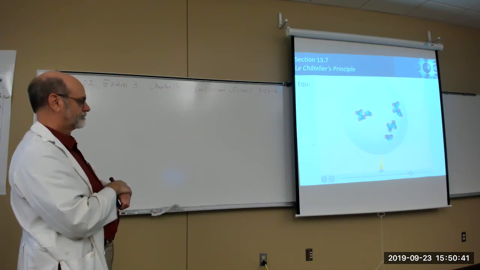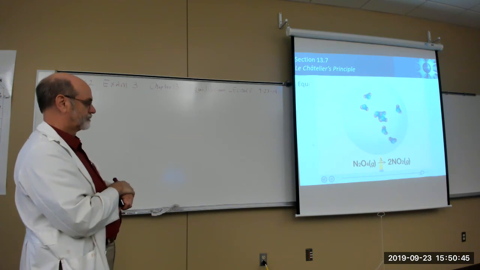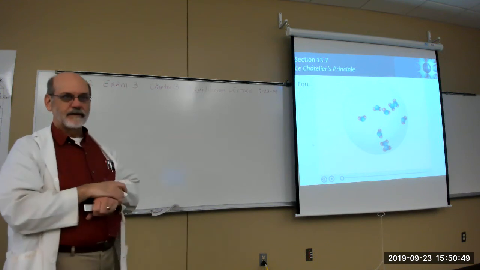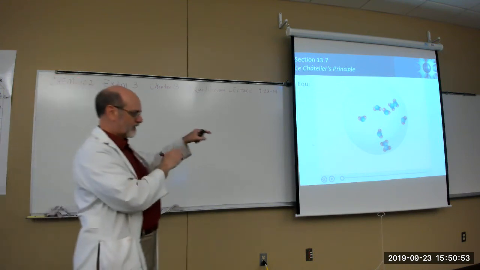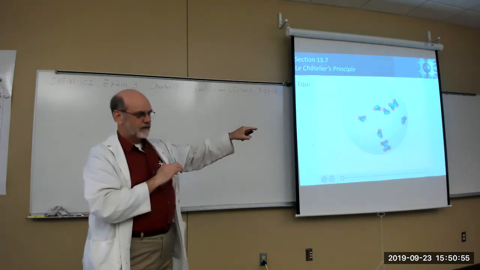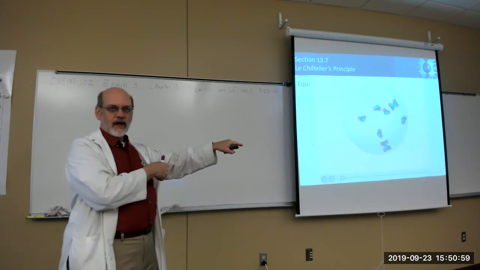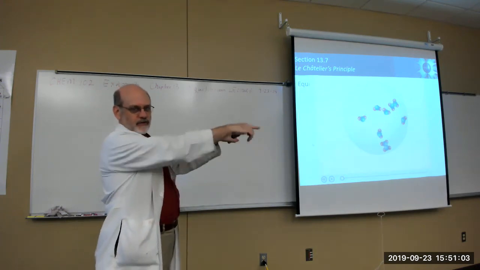As we increase the temperature, the equilibrium shifts to the formation of additional NO2 molecules. So what does that mean? If it shifts to the right based on that equation, and we've added heat, it must be an endothermic reaction because we've added reactant and pushed it to the right.